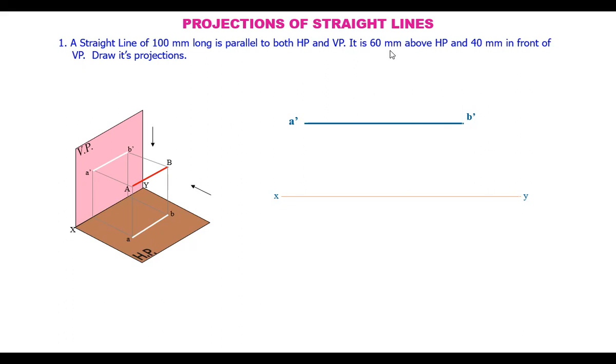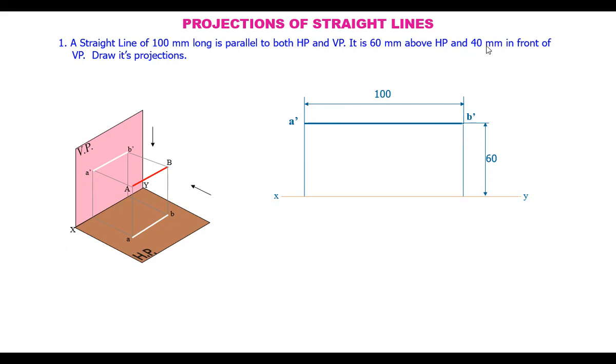It is 60 mm above HP, so in the front view we see the height from the reference line. The line is at a height of 60 mm above the reference line, and we see its true length. We mark them as A dash, B dash.